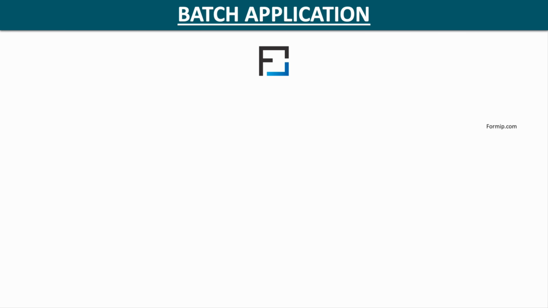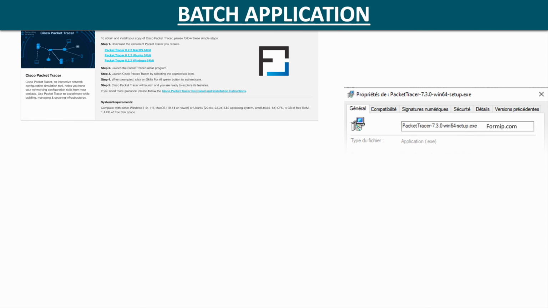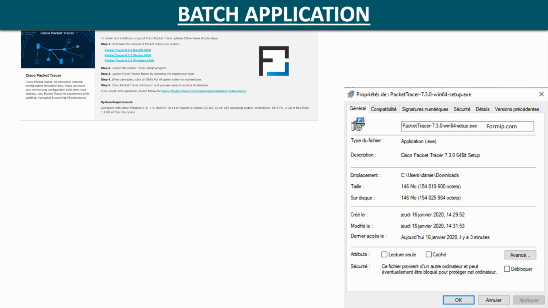For the first example, we will take a user who wants to download a file from the internet. For example, the version of Packet Tracer on the Netacad website. The 64-bit Windows version is 146 megabytes. We'll see how bandwidth, delay, jitter, and loss are important to download a file that looks as basic as this one.